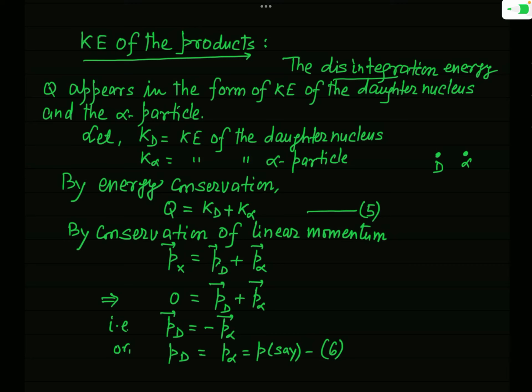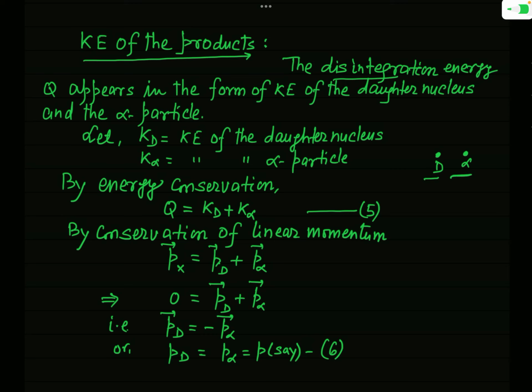So now we will find how much energy is shared by the daughter nucleus and how much is shared by the alpha particle after this alpha decay process. You will see that the energy shared by the alpha particle will be much greater than the energy shared by the daughter nucleus. Due to its larger mass, the daughter nucleus will share a little amount of energy, and due to its smaller mass, the alpha particle actually shares most of the Q value of the process.